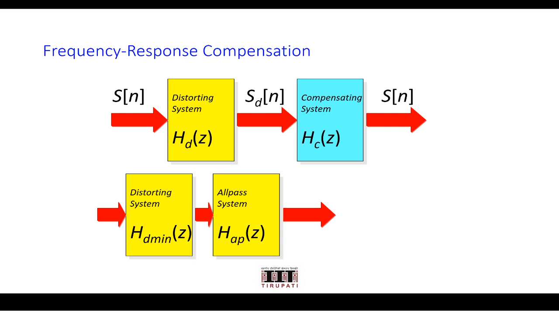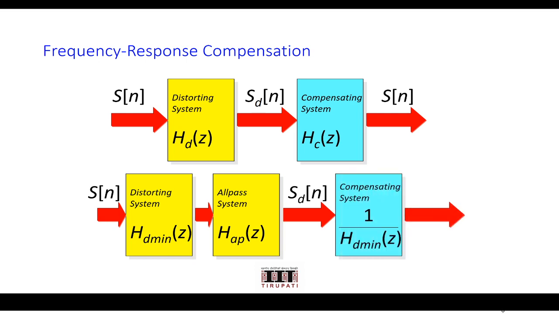So the usual practice followed is you decompose H_D of z into H_D min, a minimum phase system, and an all pass system, right? After that, the s_d of n that you are getting, you pass through a compensating system whose transfer function is 1 over the minimum phase system.